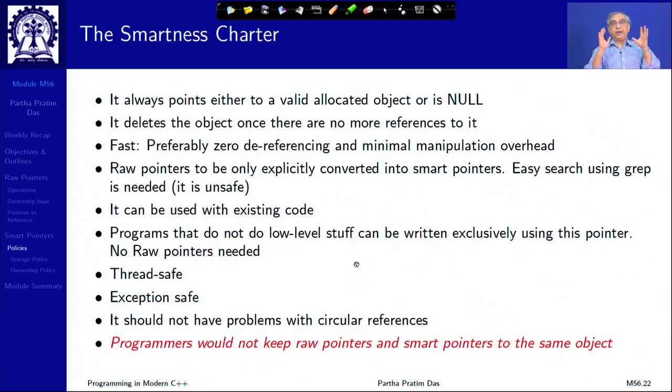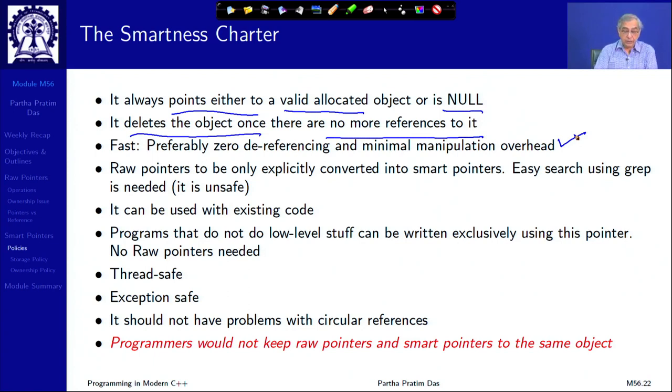So, there is a basic charter expectation of how a smart pointer will be. It must always point either to a valid allocated object or is null. It cannot ever point to something which is an invalid object. It deletes the object once there is no more reference to it. If that object is not being referred, it will have to be deleted. It must be fast, that is with minimal overhead.